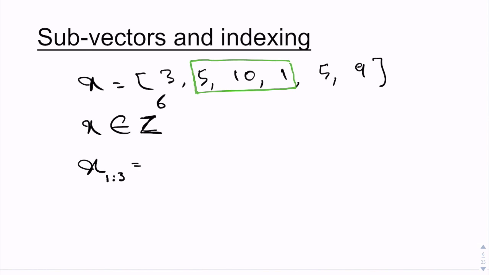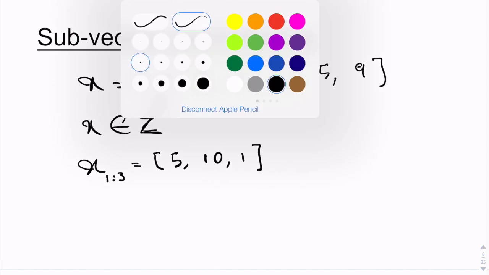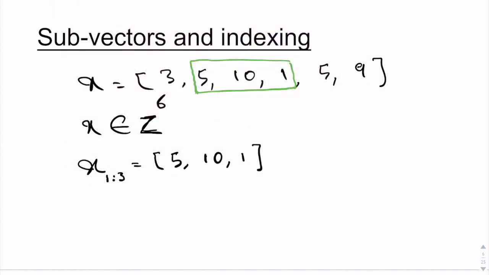That basically gives a vector of 5, 10, and 1. This is the notation we use to get a subvector.